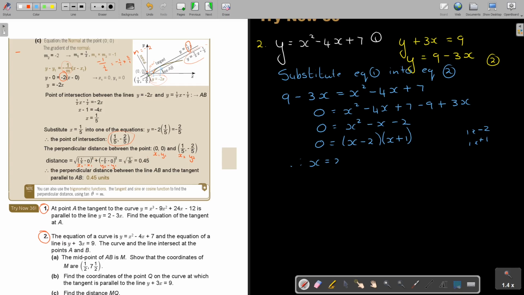X is equal to 2 or x is equal to negative 1. Now I must find the y values. If x is 2, always substitute into your original, but take the easiest one. Why would you take the difficult one? The straight line is easier.